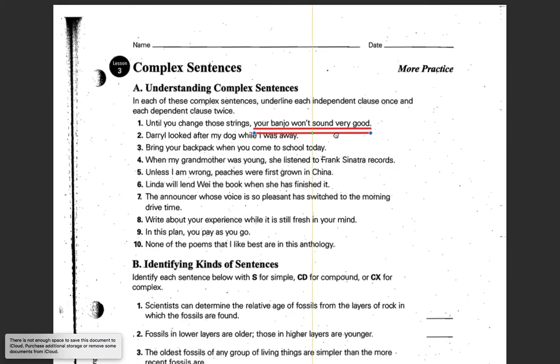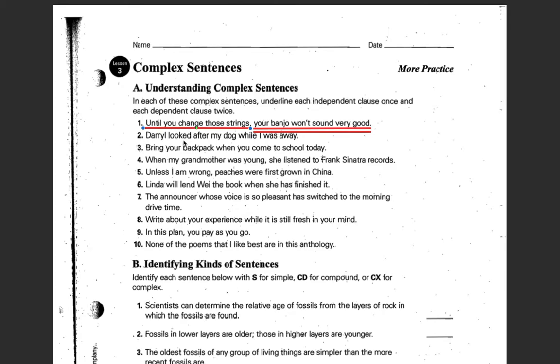As you can see, I underlined it. Of course, this is my dependent clause because it starts with until, which makes it a dependent clause. It loses its complete thought. And of course, all of these sentences are complex sentences because we already know that complex sentences are made up of at least one independent clause and one dependent clause or even more.